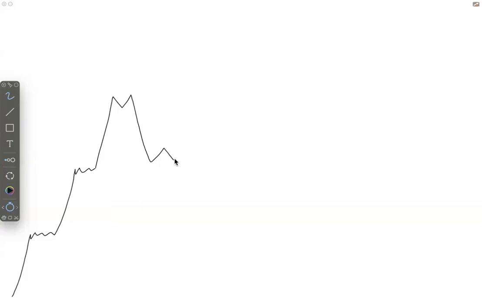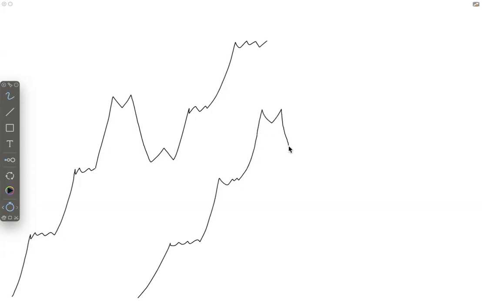You've got that 200 EMA reset and the continuation. You also have the market going up and you've got that 50 EMA reset and the market continues up.